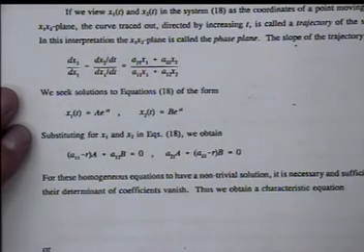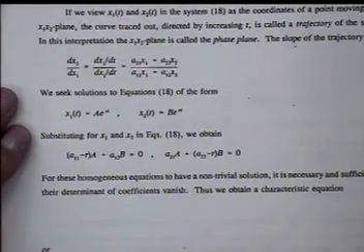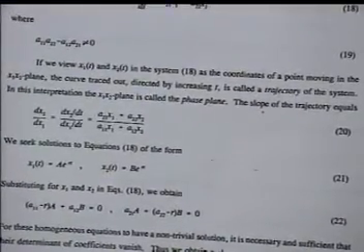For this homogeneous system of equations to have a non-trivial solution, it is necessary and sufficient that the determinant of coefficients vanish. And this determinant is given on page 25.